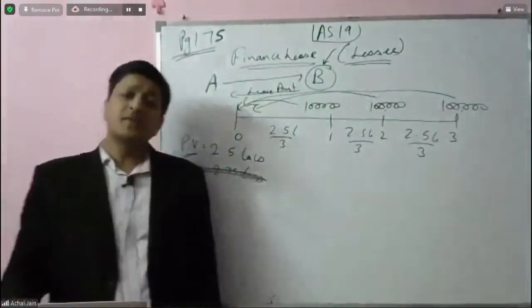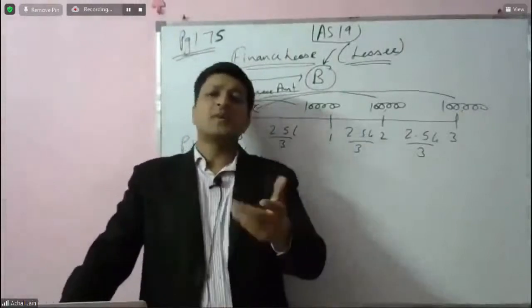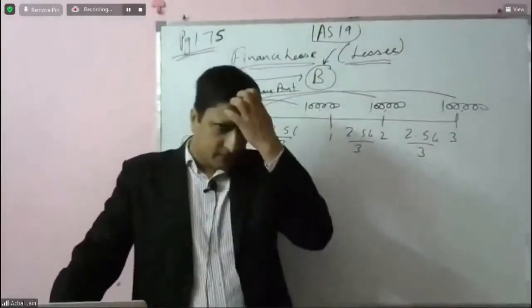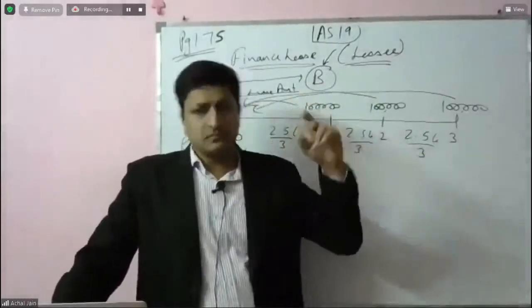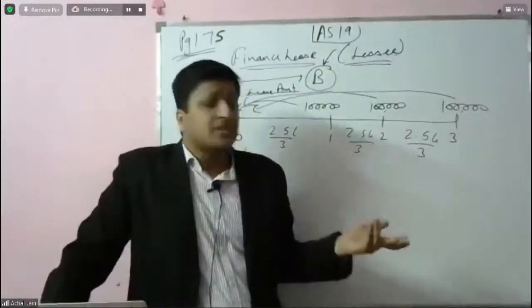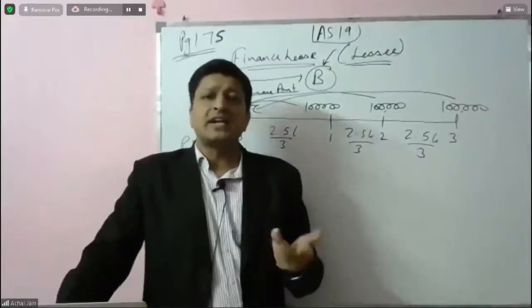As a result of this, what will happen? Asset will become 0 in the books of B. After 3 years, asset will become 0, which is appropriate because after 3 years, this right to use is gone.